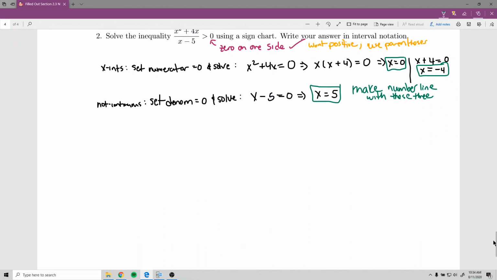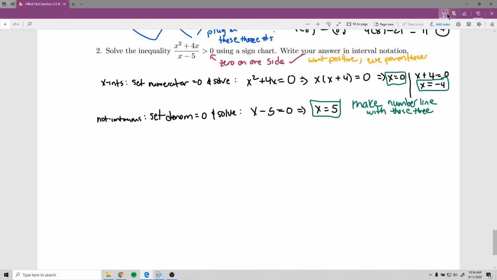Okay. Draw a number line over here. That's not very straight. That's good enough. Make sure you put them in order: -4, 0, and 5.